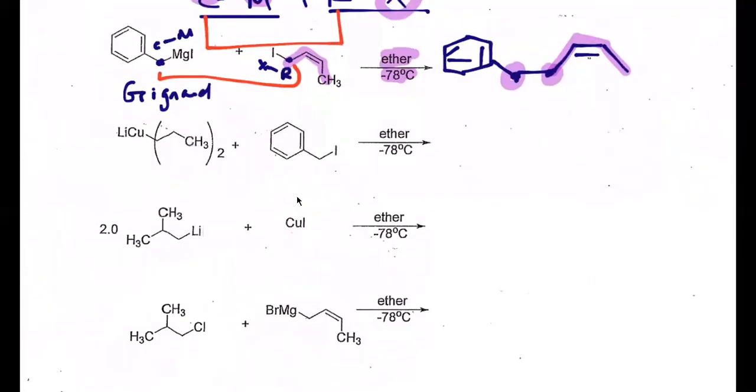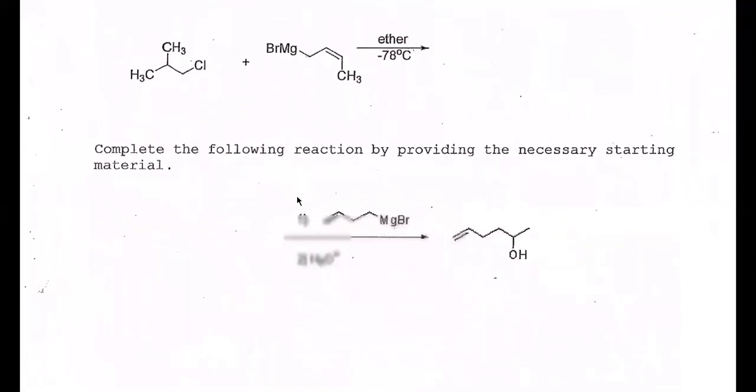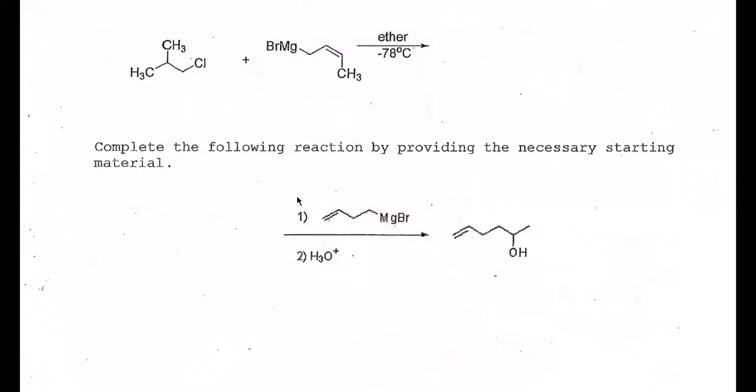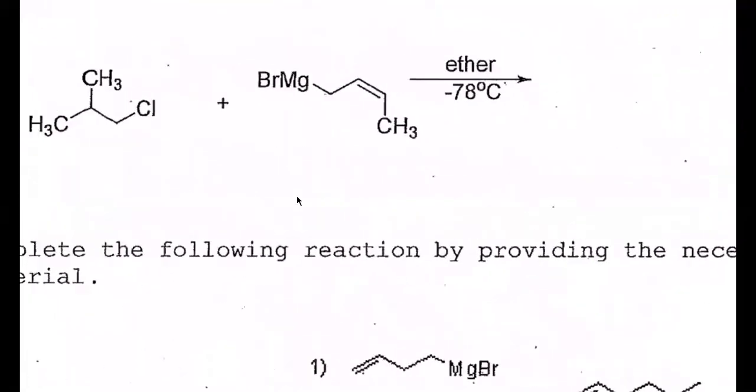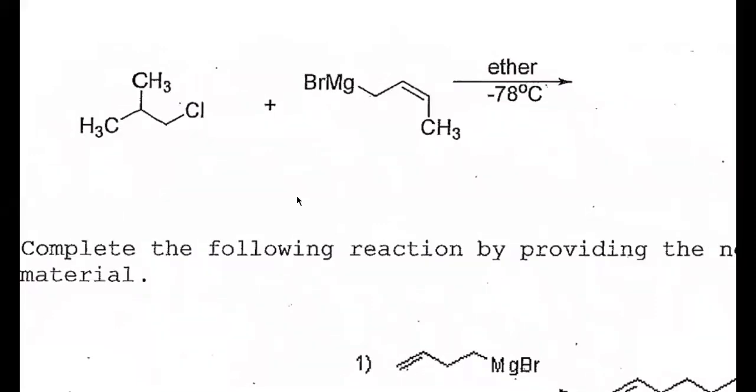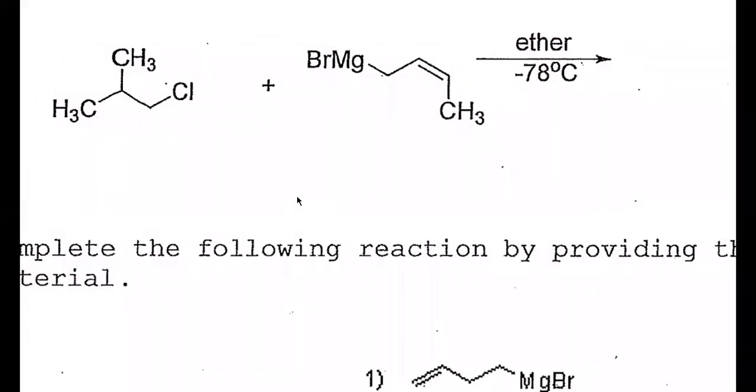Let's go down to the bottom example because that's another Grignard. So let's find CM. Which one do you think it is? It's the Grignard, right? Oh wait, no, the green one is MG.